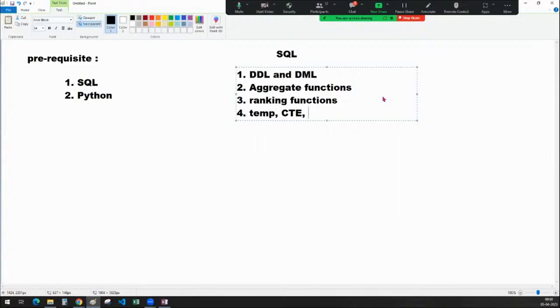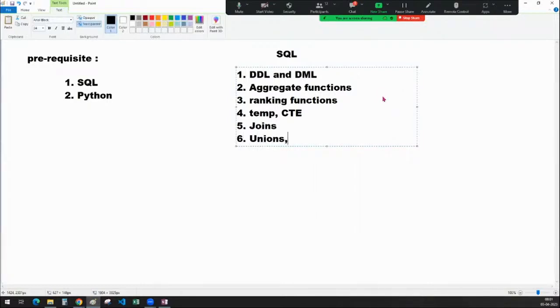In temp tables, there are local temp tables and global temp tables, and then common table expressions, CTEs. So we focus on that as well. And the fifth thing, I forgot one more thing. Yes, mainly, guys: joins.